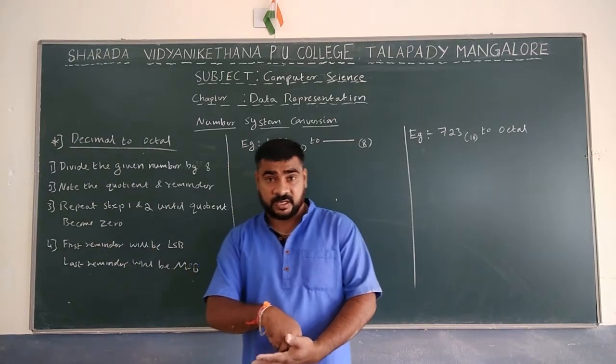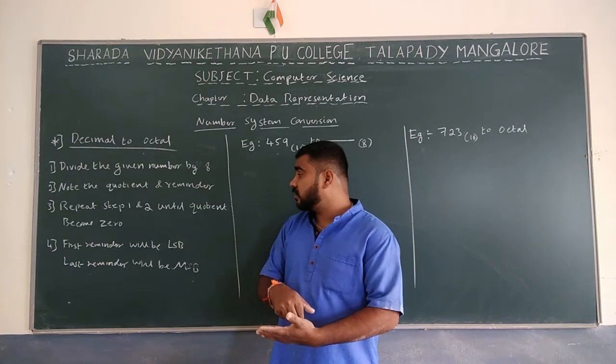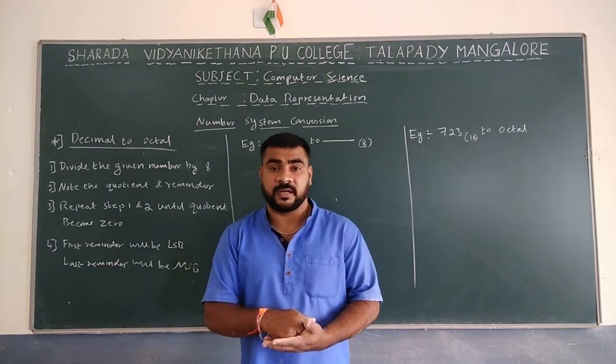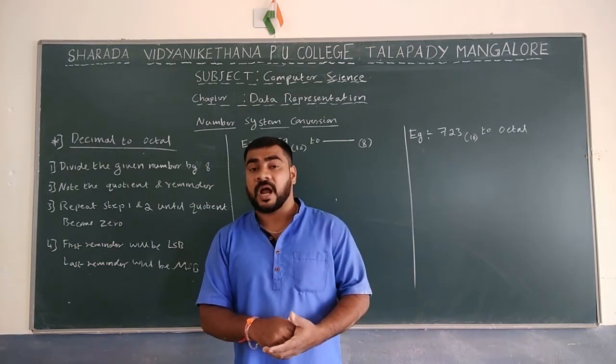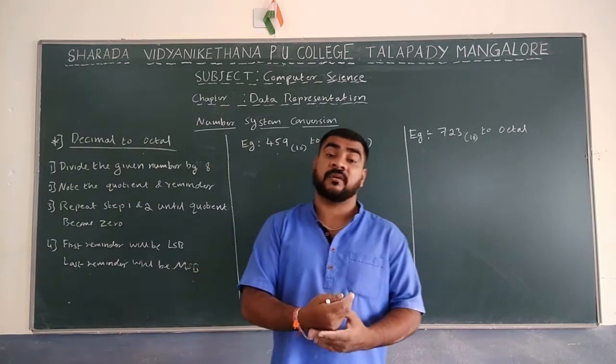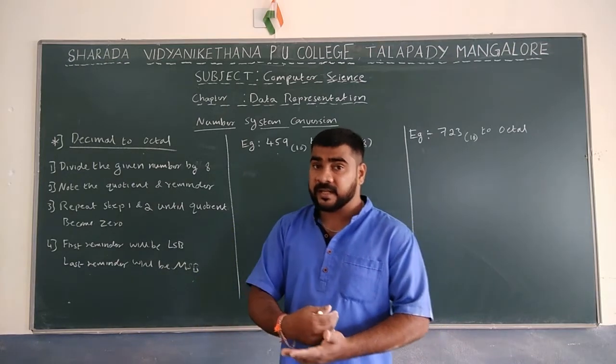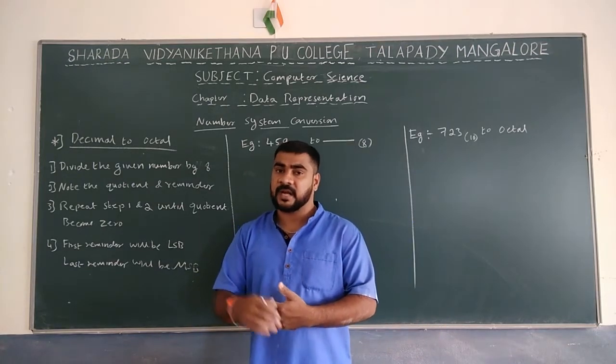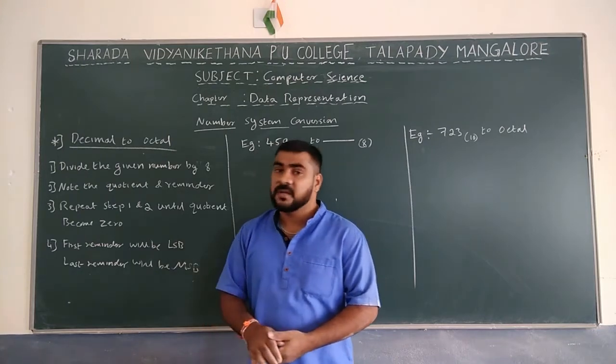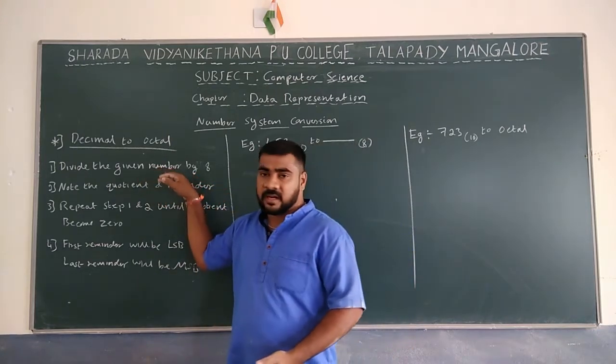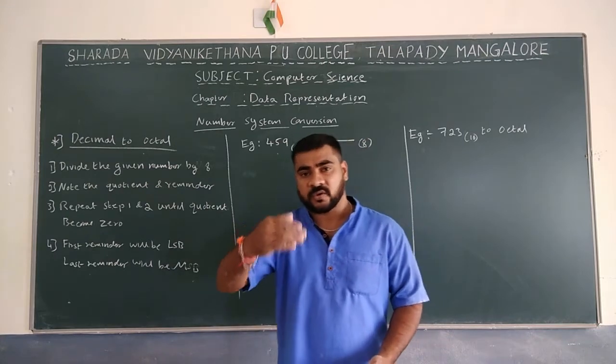Step 3: steps 1 and 2 should be repeated until the quotient becomes 0. So first you take the number, divide by 8, and note the quotient and remainder.